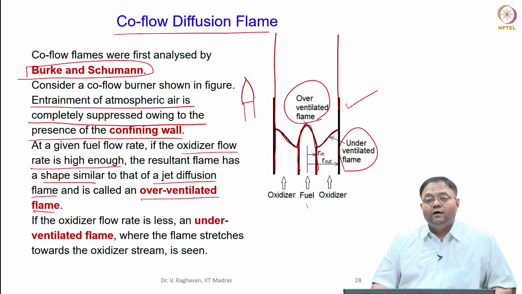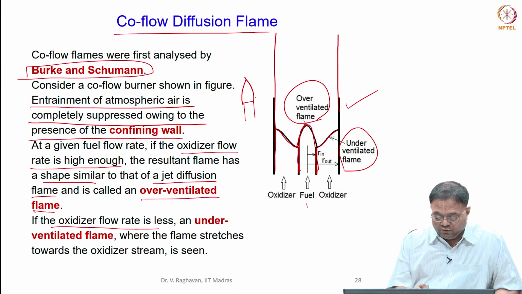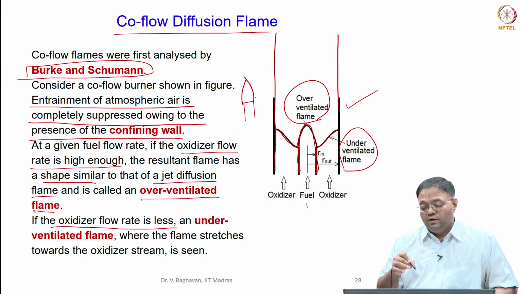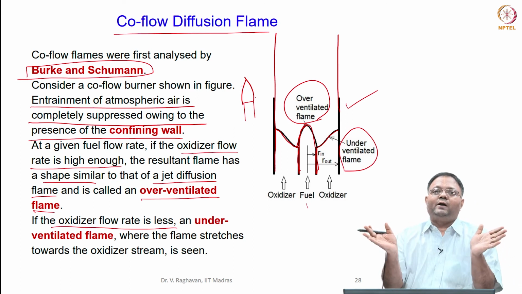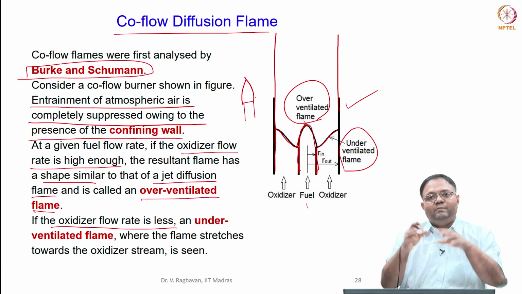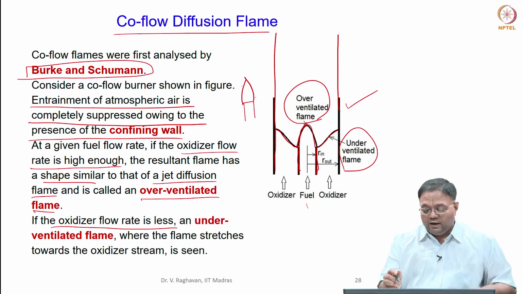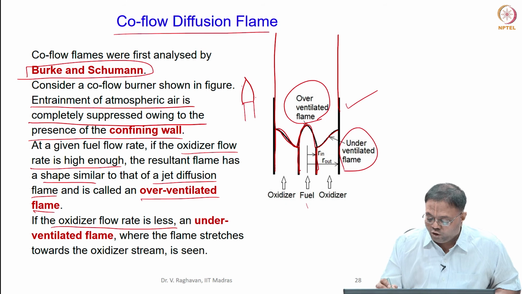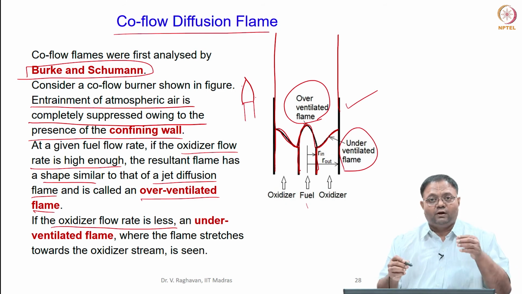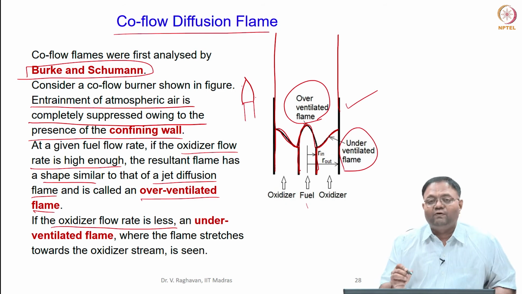On the other hand, if I do not supply enough oxidizer, the oxygen flow rate is less, I reduce it. Then what happens? The fuel stream will try to expand towards the oxidizer and mix with it, and a stoichiometric contour forms at this location. Stoichiometric mixing happens in these locations where the flame is formed.